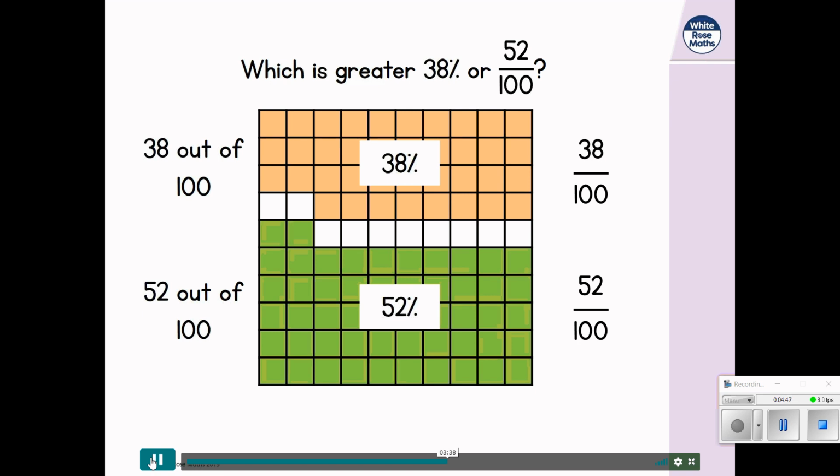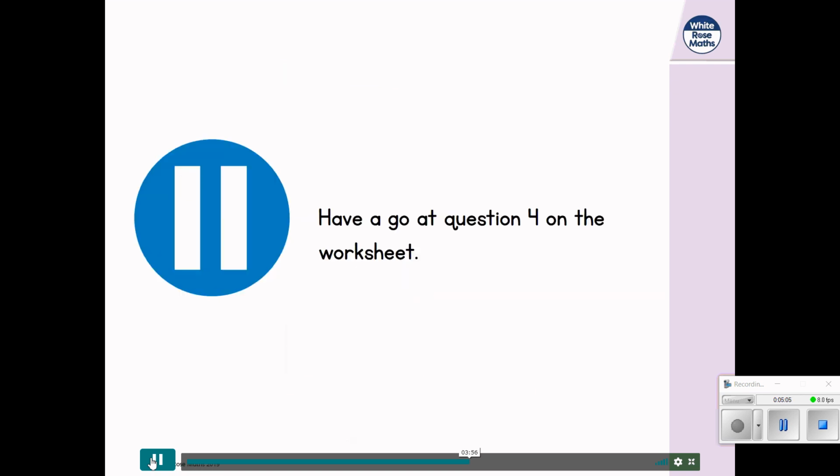Which is greater, 38% or 52 hundredths? 38% is less than 52 hundredths. 52 hundredths is greater than 38%. Pause the video here and have a go at question 4.